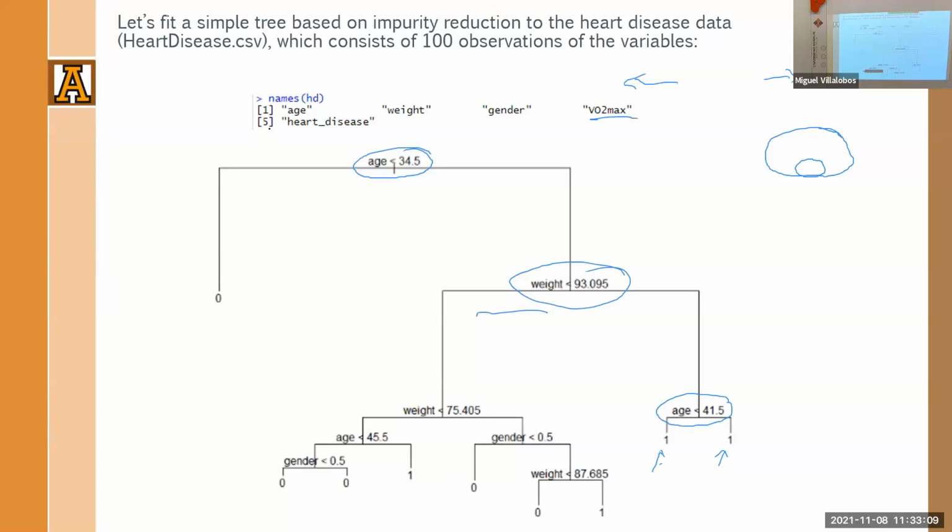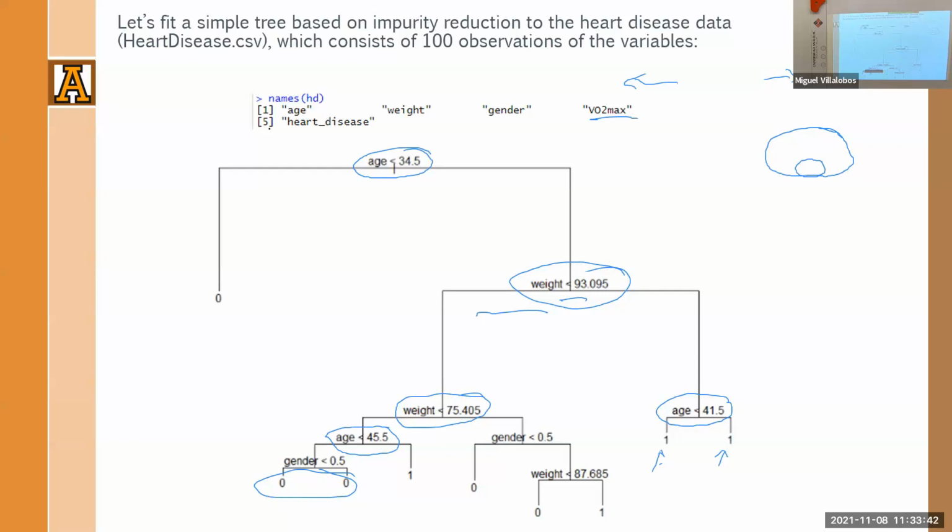Here, on this side, it checks the weight, it's less than 93. Well, now it checks, and if it's less than 75, and its age is less than 45, and gender is less than 0.5, which is zero, right? Gender, it's a female, then there's no heart disease. It's also classified as heart disease.